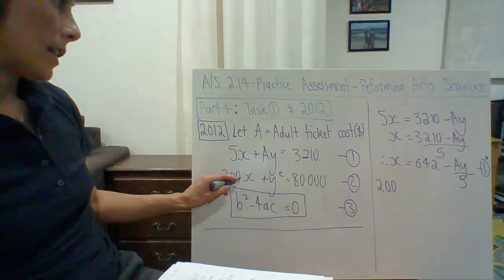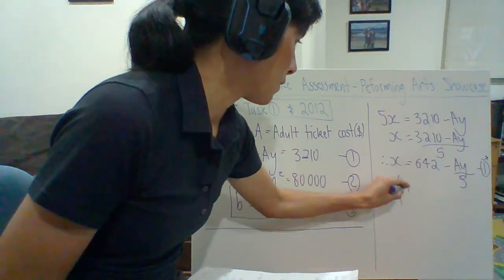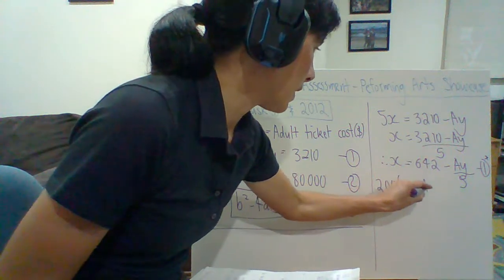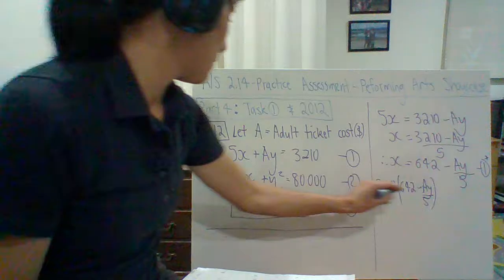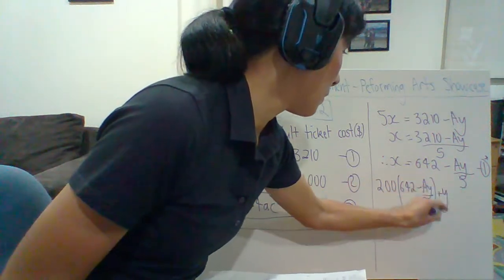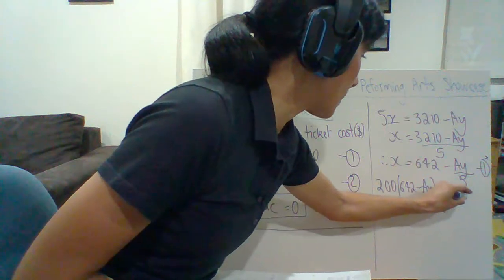So instead of writing x here, I'm going to write 200 times 642 minus Ay over 5 in brackets, plus y squared equals 80,000.